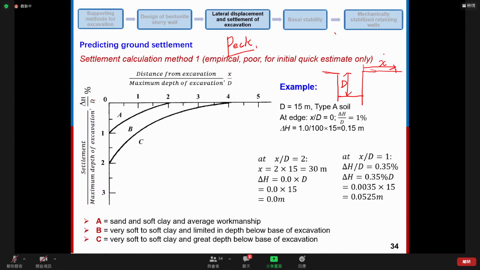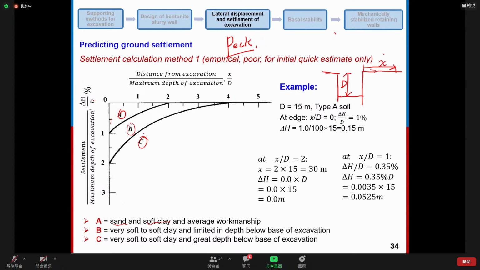So in this method, we distinguish the soil condition and the construction of the supporting method. As you can see here, we have 3 zones, which are A, B, and C. Zone A refers to sand and soft clay, with average workmanship for the soldier pile and the sheet pile wall.